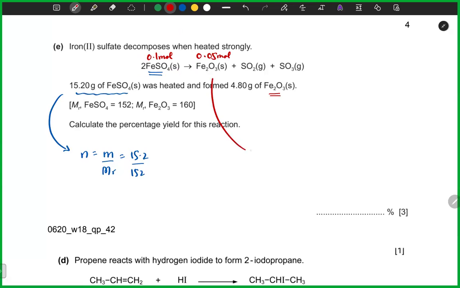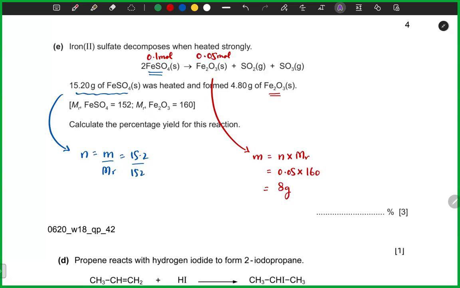Now I'm going to find the theoretical mass: moles multiplied by the MR of Fe2O3, which is already given, 160. So 0.05 times 160, that's 8 grams.